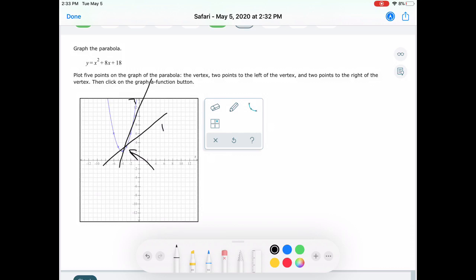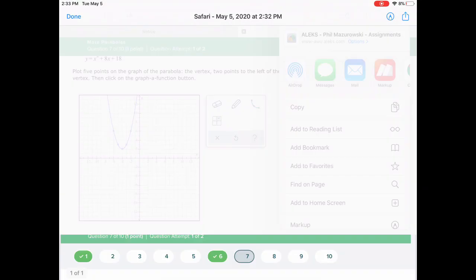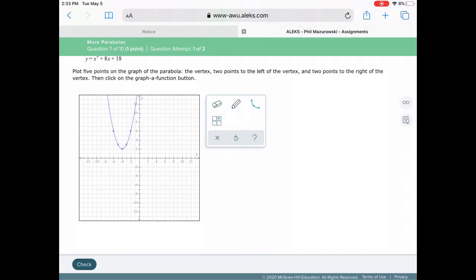And if I went even farther, the slope would keep increasing, which is why it's not linear, which is why we get that parabola. So if you find yourself graphing and it keeps going up 1 over 1, up 1 over 1, you've done something wrong with your parabola. So be careful with that. So I'm going to go ahead and check this work here.